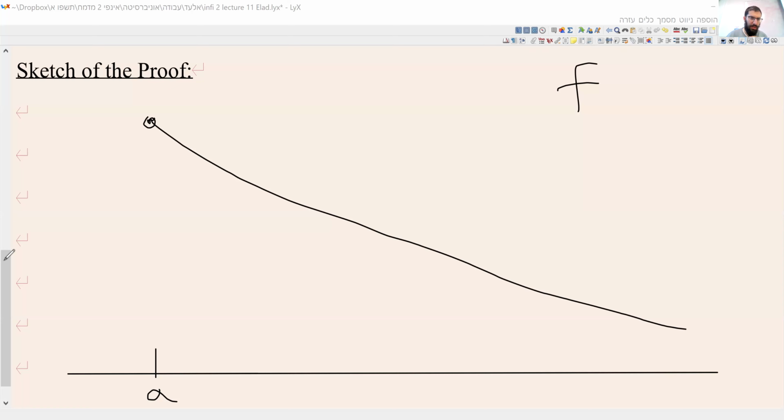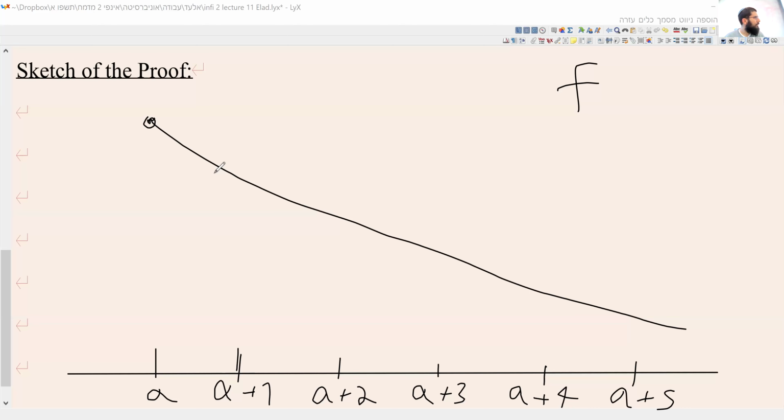Now one can look at the points of the series, f(a+1), f(a+2), only the integers in the series. Let's draw it with a different color. No, we can do it same black on the x-axis. Don't look for the right proportions or something like that. You will not find any. I'm trying to understand the principle, not to draw something perfectly good.